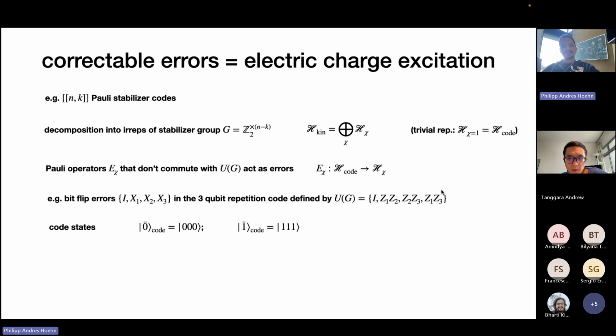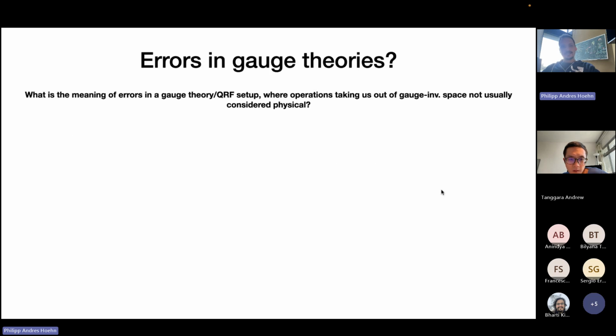And now, when we want to translate that into gauge theories, we have to think a little bit conceptually for a moment what that might mean, because usually in gauge theories, the statement is that, well, we only really care about gauge invariant stuff. So we usually don't consider maps that take us out of a gauge invariant Hilbert space as being physical.